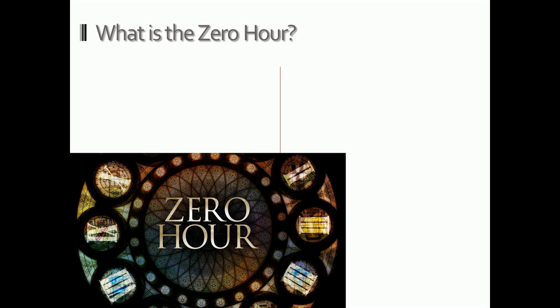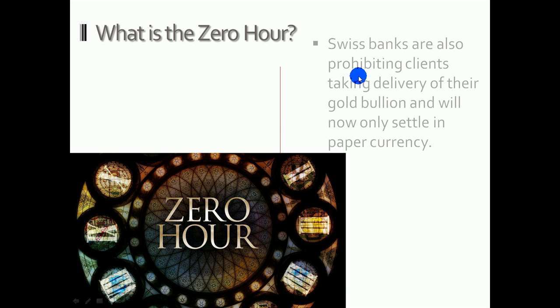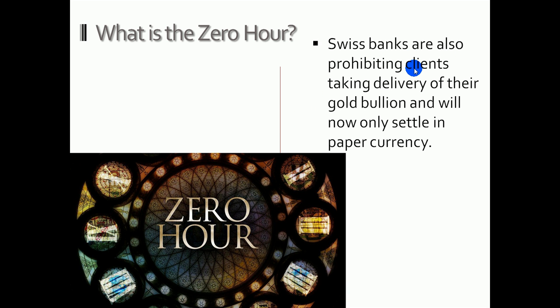Now, this morning brings a flurry of anecdotes and hard numbers to indicate that the 0 hour is creeping ever closer. Do you want another example? Swiss banks are prohibiting clients from taking delivery of gold and will now settle in paper currency. I don't want paper. When I want gold, I want gold. Let's say I had bought gold at $1,500 and it's time for me to settle, I want you to take my $1,500 and give me a delivery of gold.